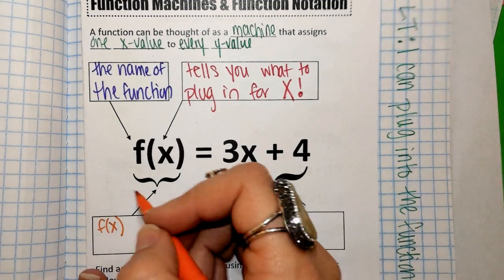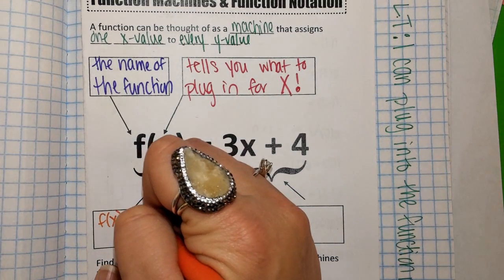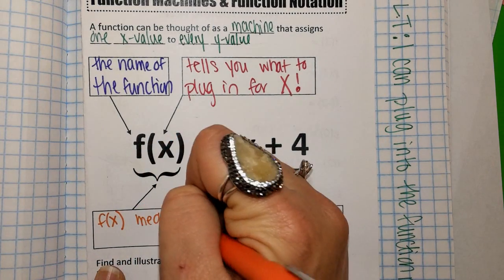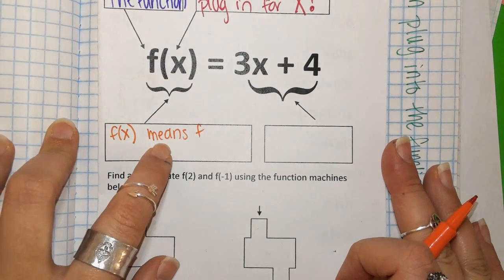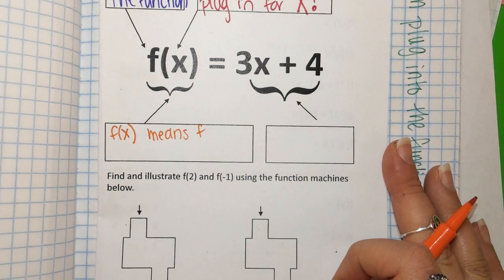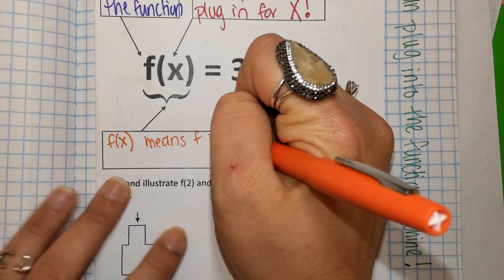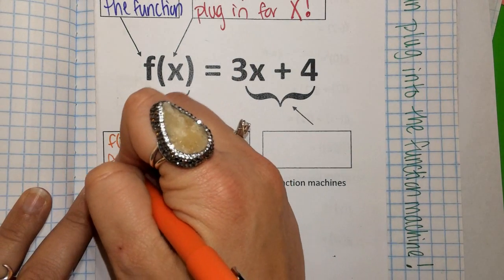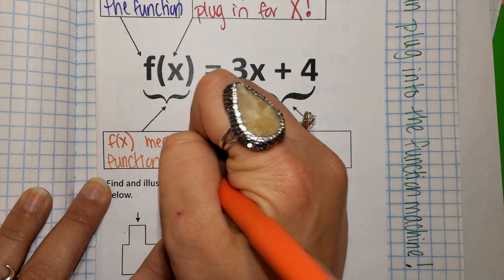I'm telling you. All right, so f at x means, so we should be writing this. F at x means f is a function of x.